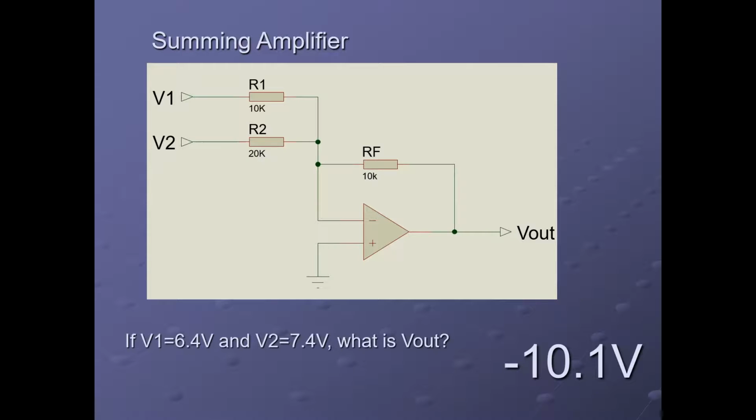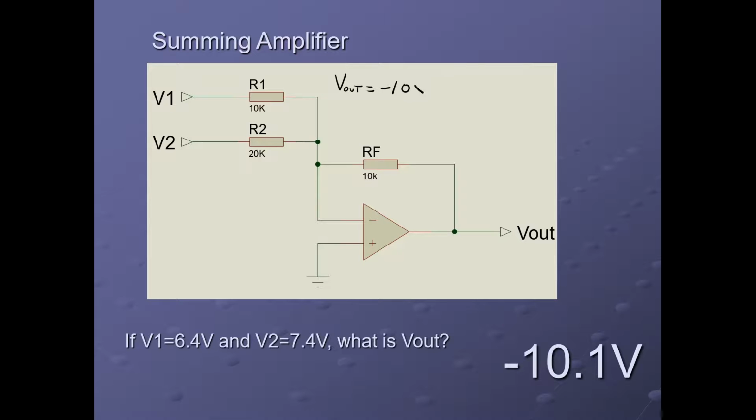How does that work? Well, V out equals minus RF, so it's minus 10. I'll just have to remember that this is cheating slightly. I should really write 10 times 10 to the 3, but I know they're K's at the bottom and it will cancel out. It's a little bit cheating, but anyway. V1 is 6.4, so it's 6.4 over R1, which is 10K. If you're not happy with that, I'm going to do it the long way around.